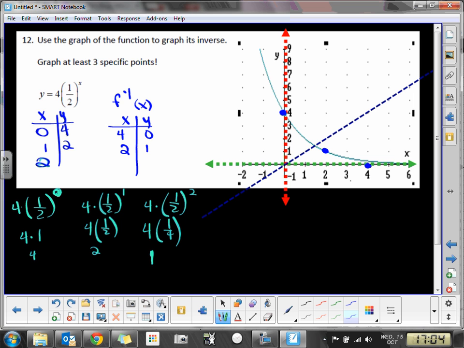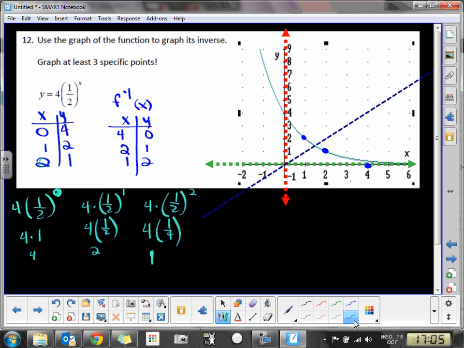So when I put in a 2, I get a 1, so I graph the ordered pair 1, 2. So the inverse function has the ordered pair 1, 2. Now it looks like it's right on top of that same graph, and this was not my original. That's the point that I turned into 4, 0. Keep in mind that our graph can never touch the red graph.